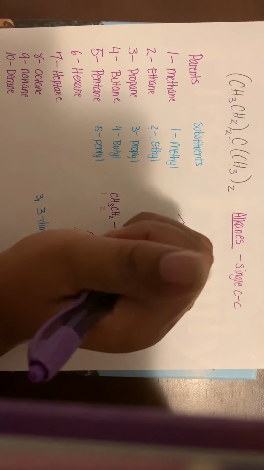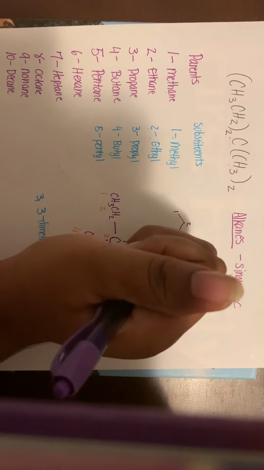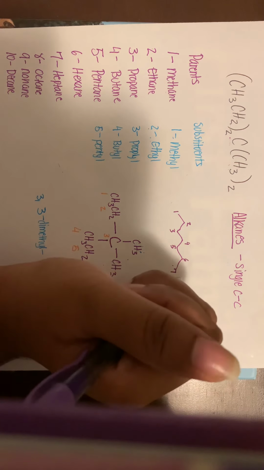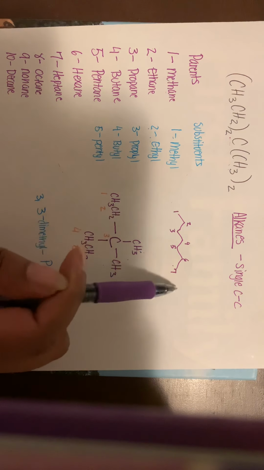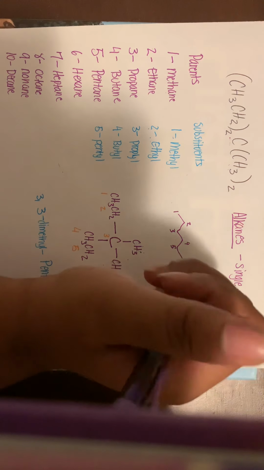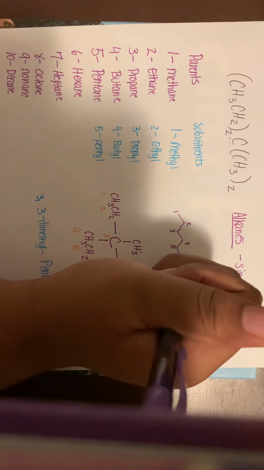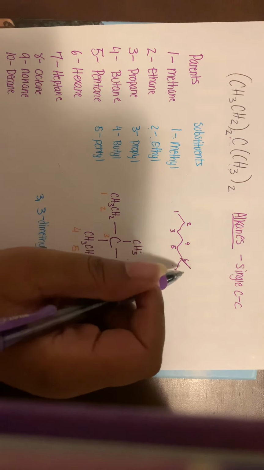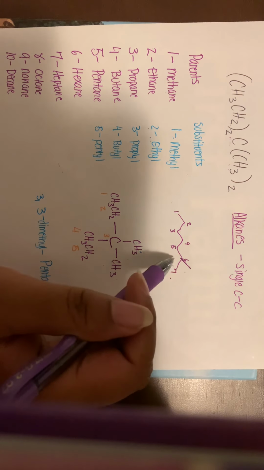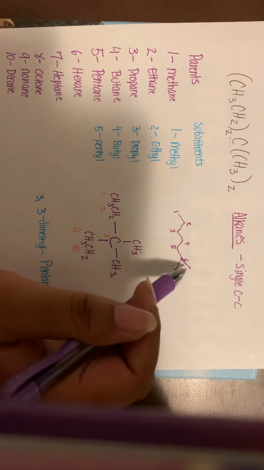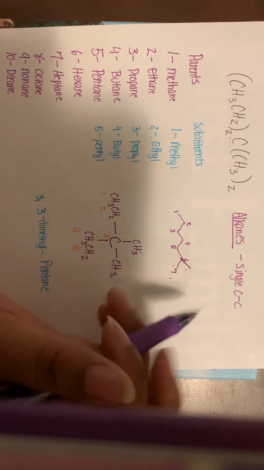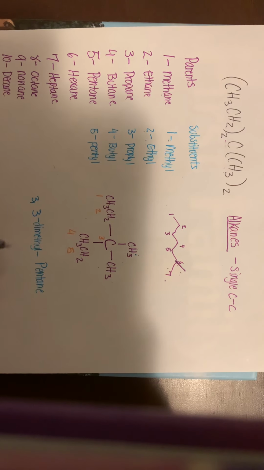So this one has 1, 2, 3, 4, 5, 6, 7 carbons, so this is a heptane. If I drew a line here, that would be my substituent, because it's branching off of the parent chain. So that would be 6-methylheptane, and I'll explain it later when we get to this example.